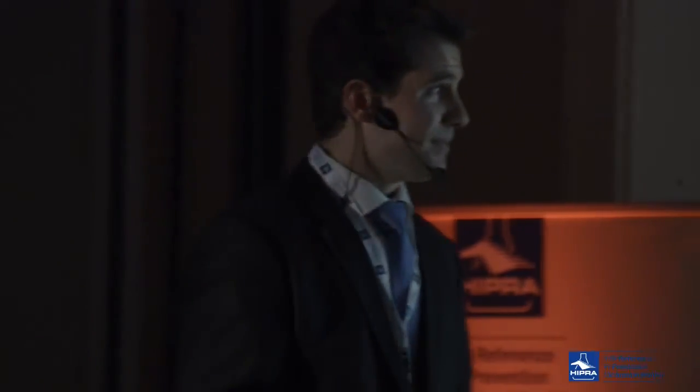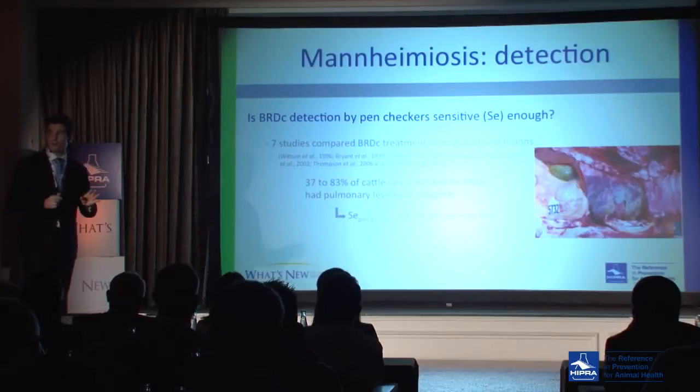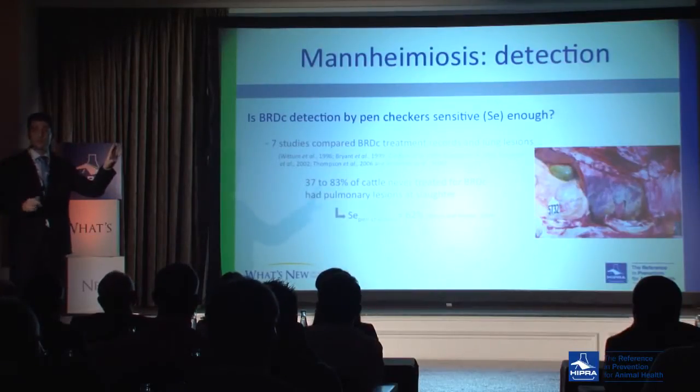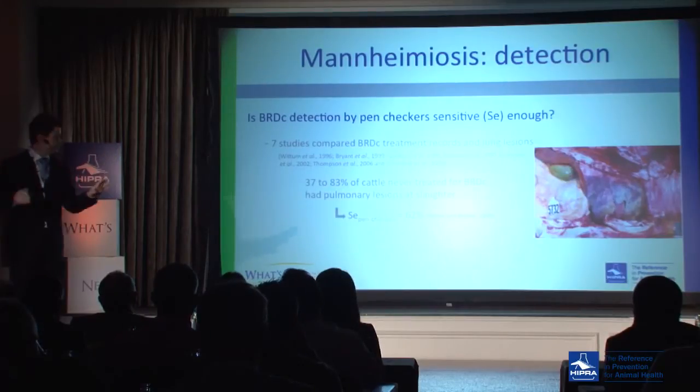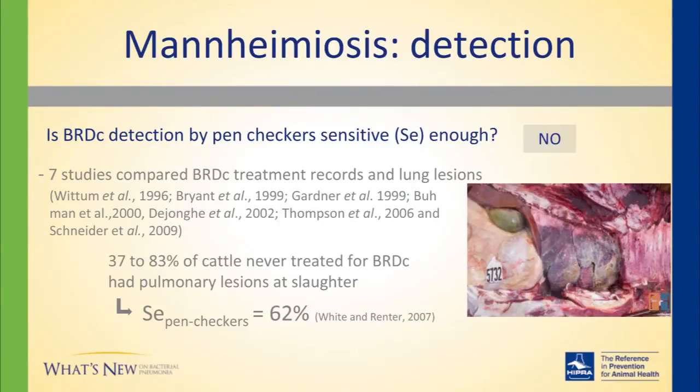But is this detection sensitive enough now? We saw the early component is not sensitive enough. Over the last 20 years, 7 different studies have looked at BRD treatment versus lung lesions at slaughter plants. And what they found is that from 37% to 83% of the animals never treated for BRD had lung lesions at slaughter.